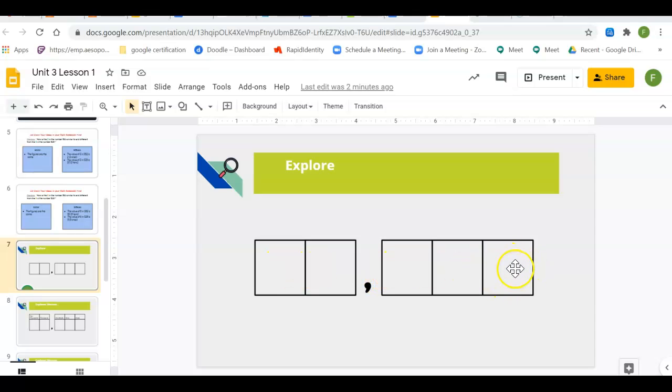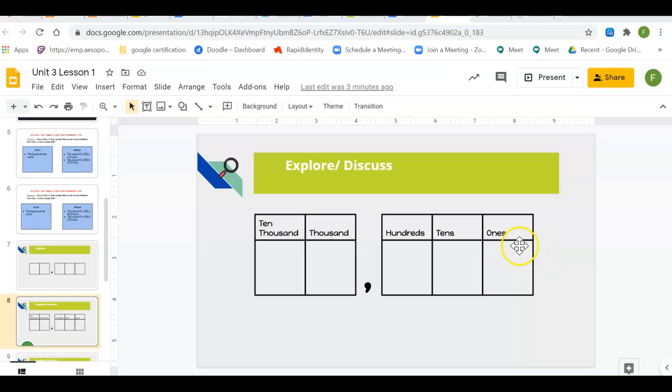So for this one, we're going to pause for a second. I want you to be thinking about what place value is represented right here if there was a number, what place value would be represented here, here, and here. So we're going to pause for a second. I want you to think about that.